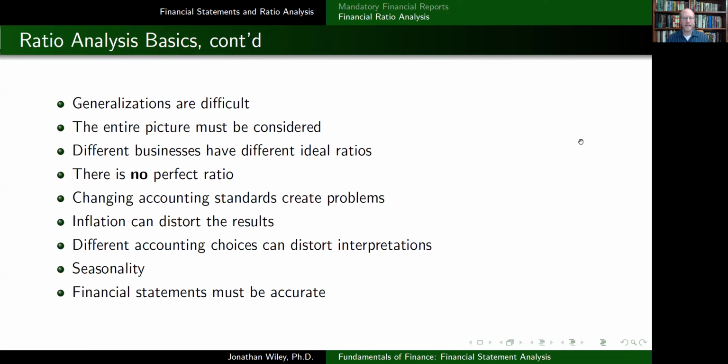Also, there can be some seasonality. Some businesses are very seasonal. So, think construction, renovation, things like that. They tend to do a whole lot more business in spring, summer, and fall, not as much in winter, right? So summer is probably a big season for that. As a result, if I'm looking at quarterly results, they're probably going to have much better results in the summer, and that's just normal for that kind of business.